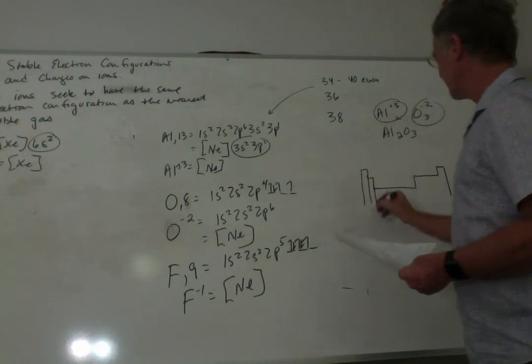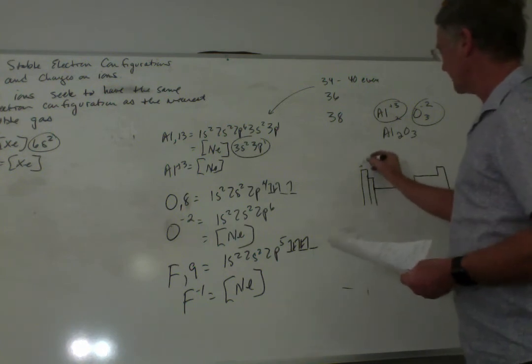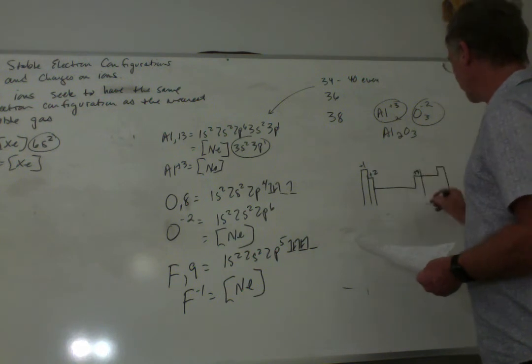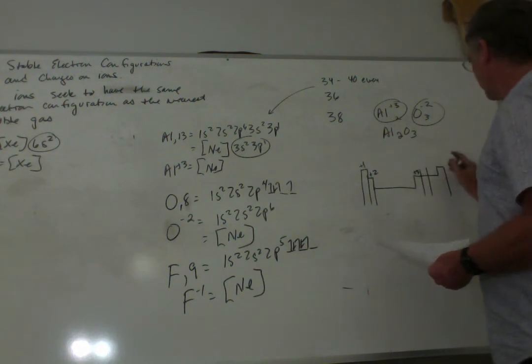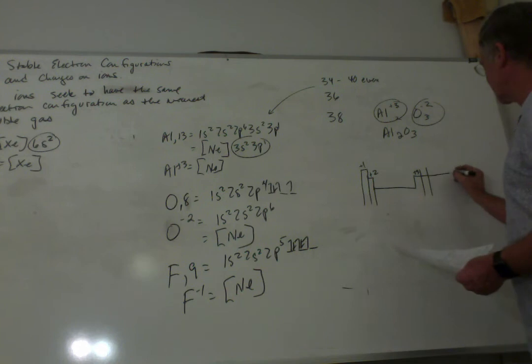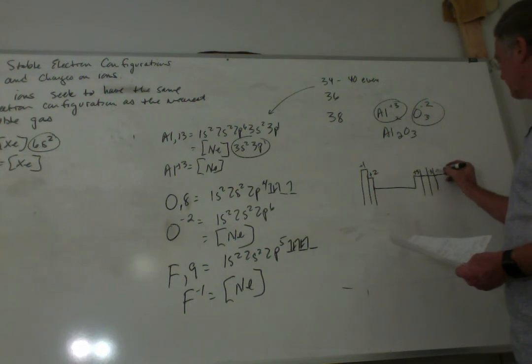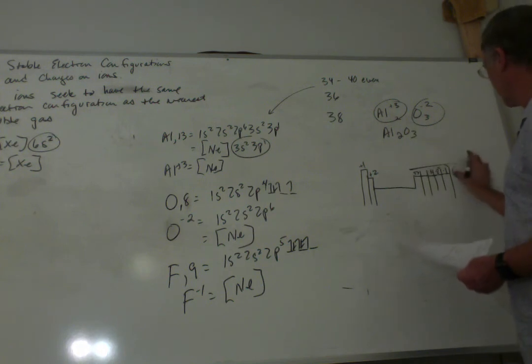And basically, as we've talked about before, anything in column 1 is a +1, then a +2, a +3. When we get over here to our last column, that's the noble gas column. 4 can be either, but normally we do -3, -2, -1, and back to 0 for the noble gases. Sorry, that got kind of messy there.